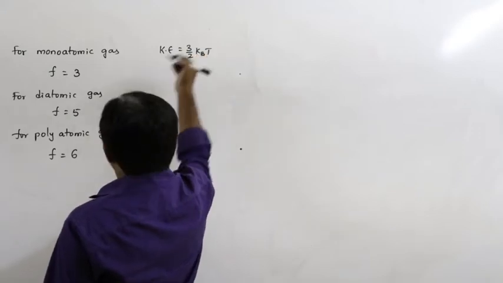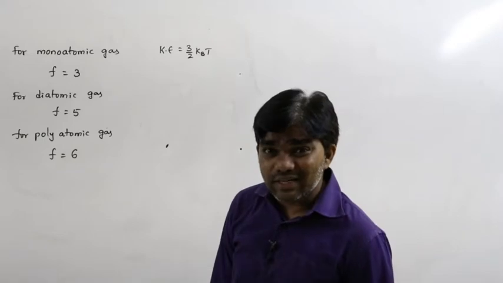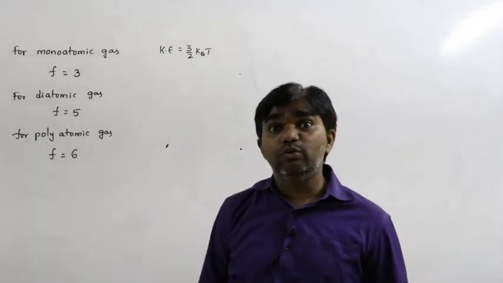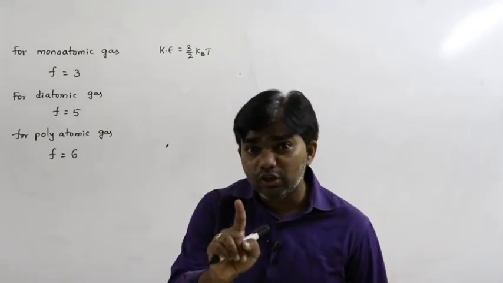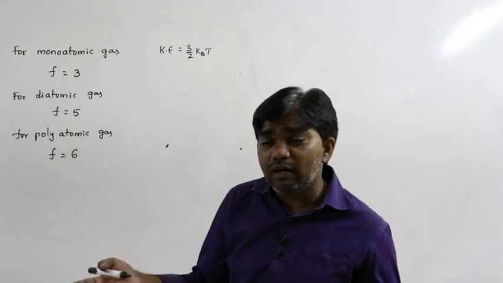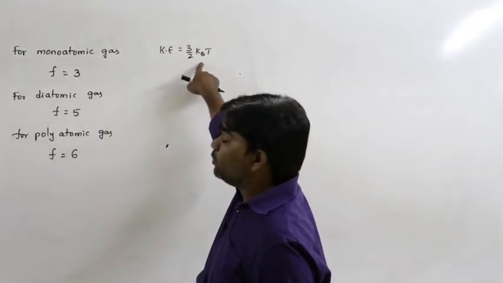Just now we derived this. This kinetic energy is defined per molecule. If there are n molecules, we can write n kBT. For one molecule, it is 3 by 2 kBT.